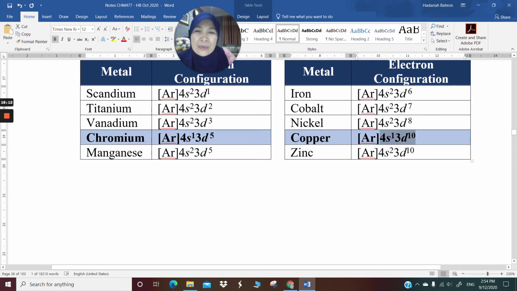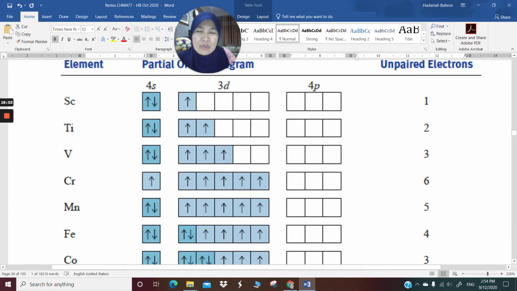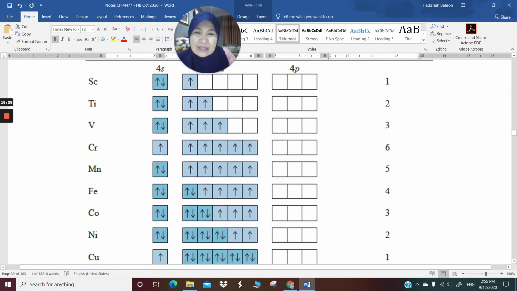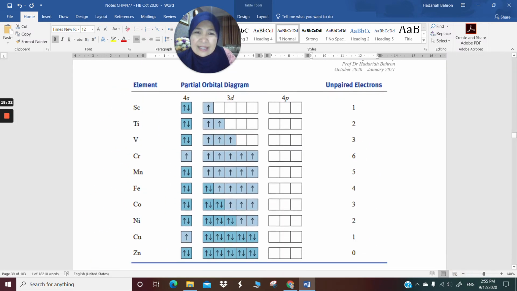So that is how the d orbitals are being filled in as we move from scandium to zinc in the first series of the transition metals. So if you want to see how the orbitals are filled, do this.